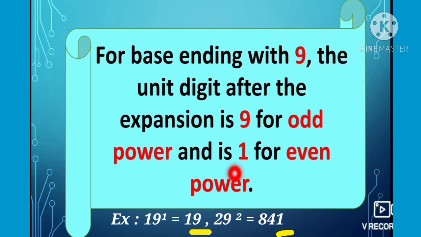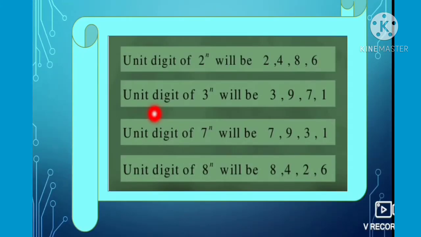So students, for odd power, the unit digit after the expansion is 9. For even power, the unit digit after the expansion is 1. Now students, for the base ending with 2, the unit digit of the expanded form alternates between 2, 4, 8 and 6.